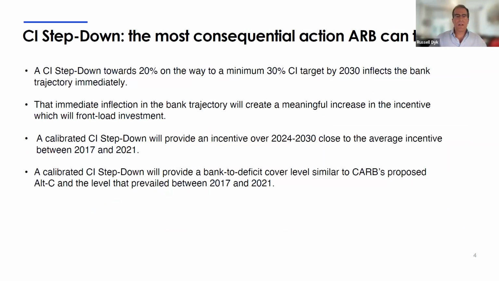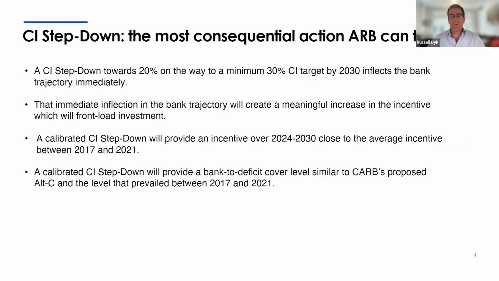So I'd just like to emphasize one point that I made early on, which is that we think that a carbon intensity step down in 2024 towards 20% on the way to a minimum 30% target by 2030 is the most consequential action that CARB can take.